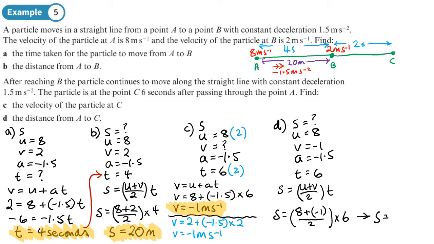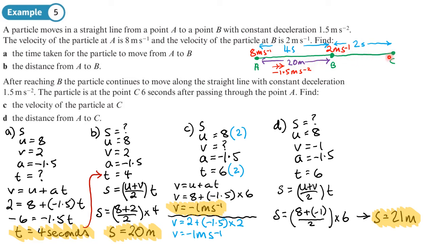If we work that out, it becomes 7 over 2 times 6, and we get a value of S as 21, so it'll be 21 meters. As I said, the alternative, and you could try this yourself, to find the distance from A to C would be to find the distance from B to C and add it to 20.